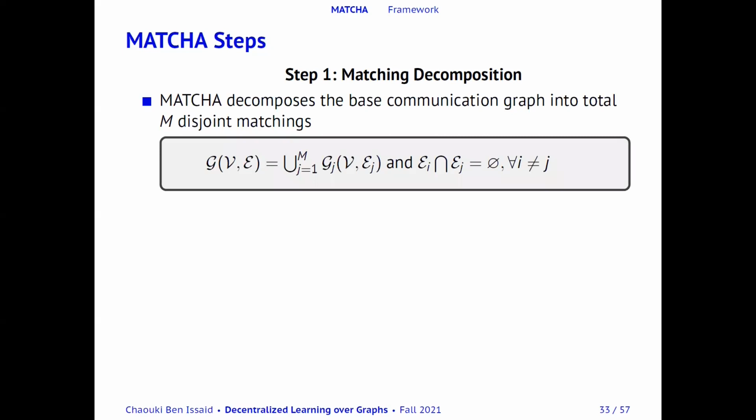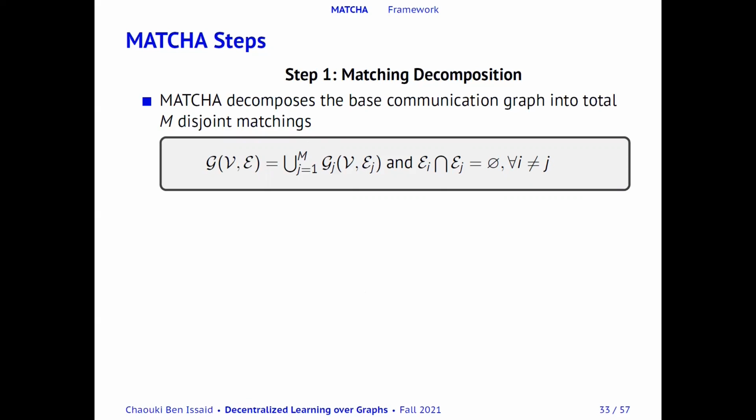Formally, we write that the base graph G is equal to the union of subgraphs G subscript g, for g going from 1 to capital M, where the set of edges is disjoint for every pair of graphs.